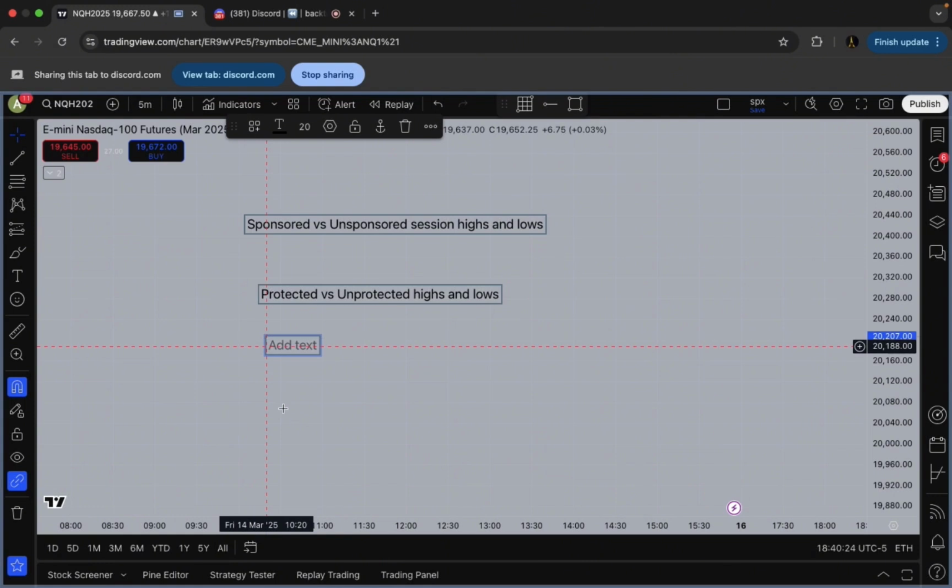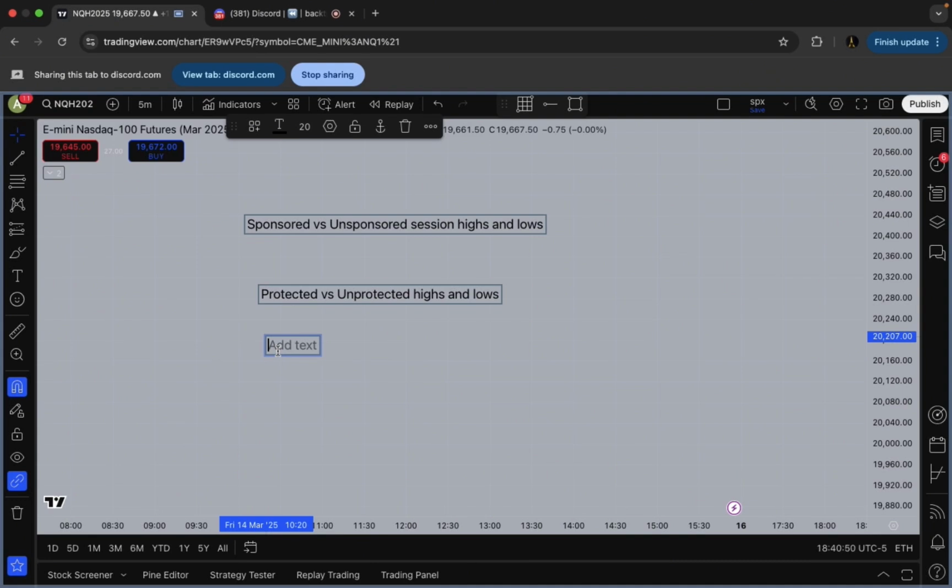The SMT divergence, especially if it's within a high time frame PD array, like I've talked to you guys a lot about before, like a high time frame fair value gap, order block, breaker block, or with significant liquidity pools, those are the SMTs that will really help you catch reversals, know when reversals are going to happen, know when the sentiment of the market has changed for the day or for the session.